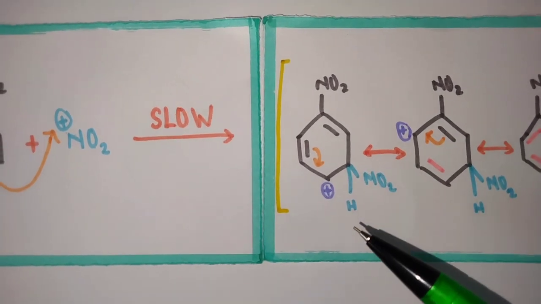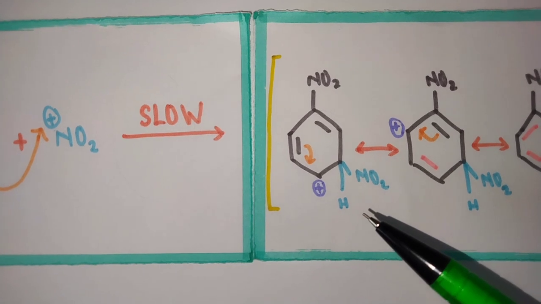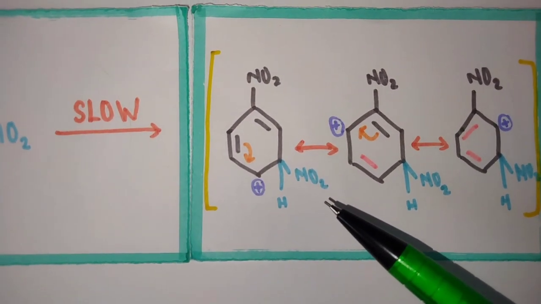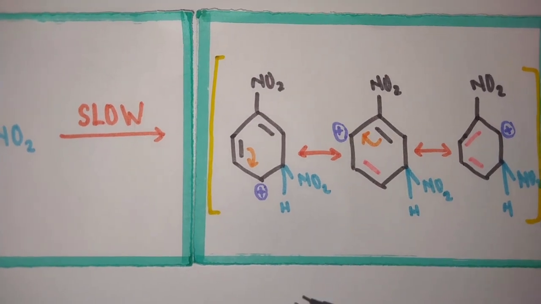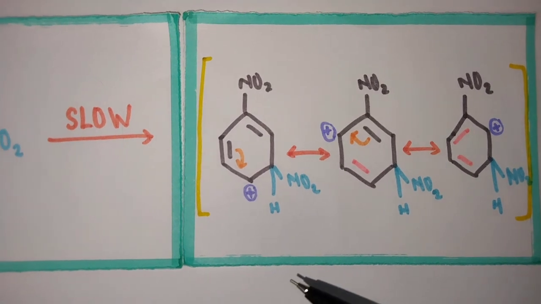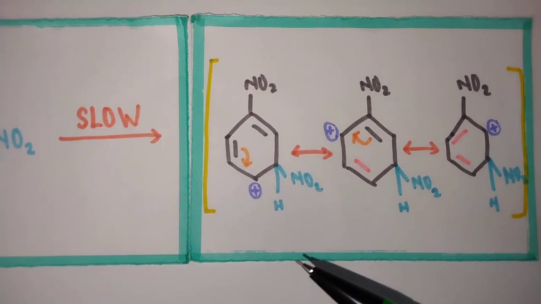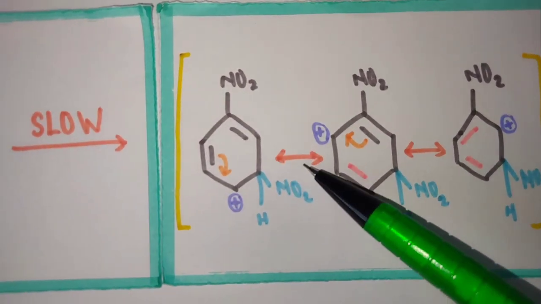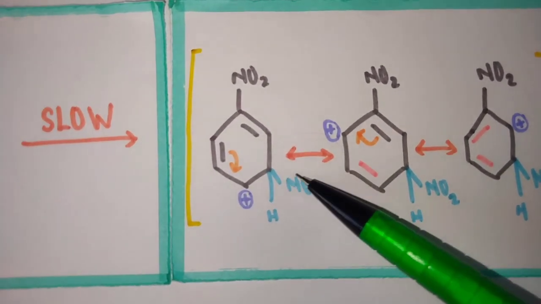The arenium ion is a resonance stabilized carbocation intermediate. The positive charge in the arenium ion is delocalized over the aromatic ring through resonance, resulting in multiple resonance structures. So since it is resonance, we must draw this arrow.